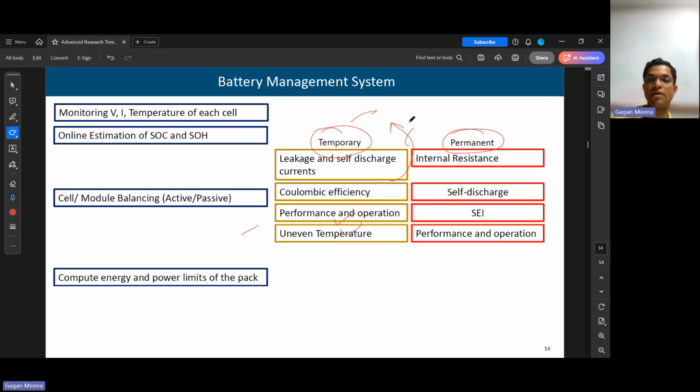For the permanent case, it is the internal resistance, self-discharge, SEI, and the performance and operation. Then it also computes the energy and power limits of the pack.